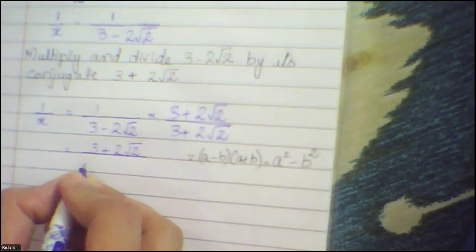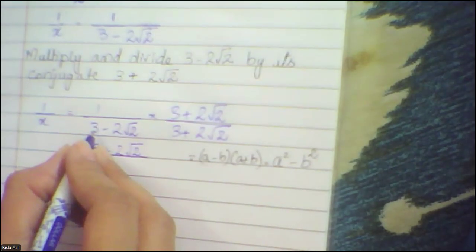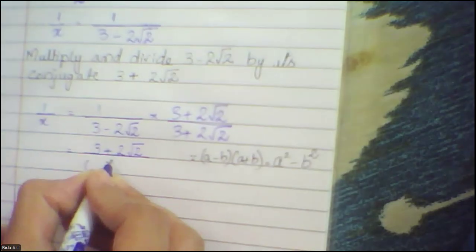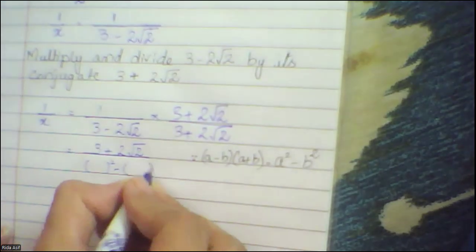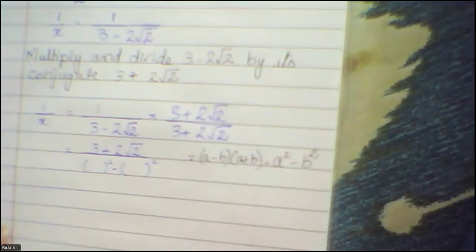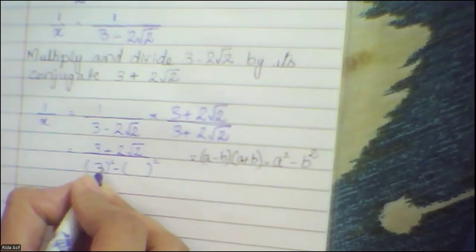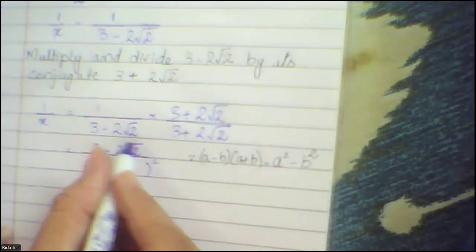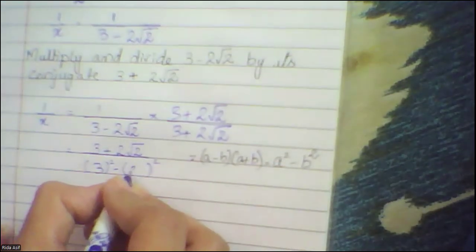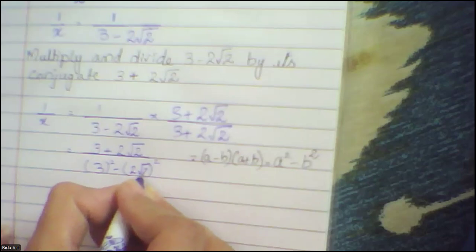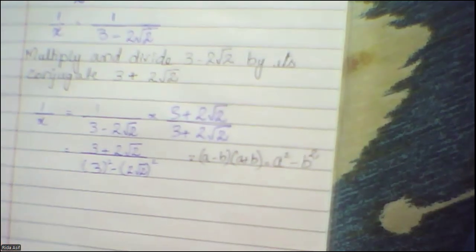So A square minus B square: first term square minus second term square. What is the first term? First term is 3. And what is the second term? Second term is 2 root 2.